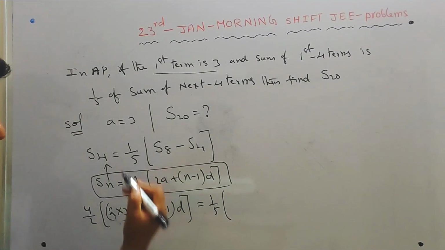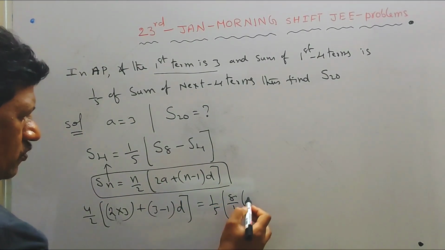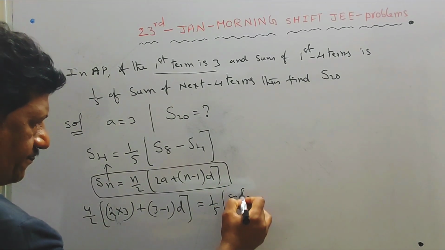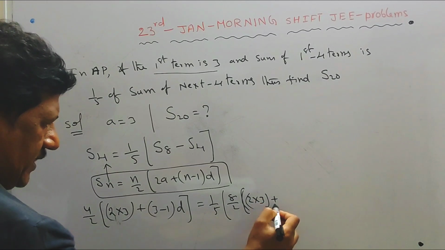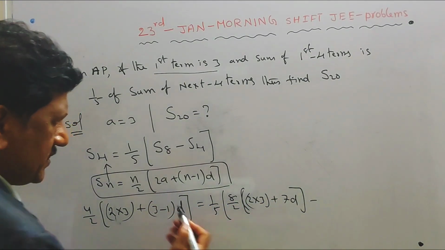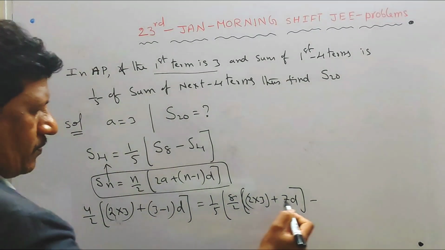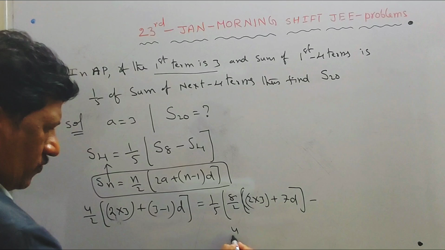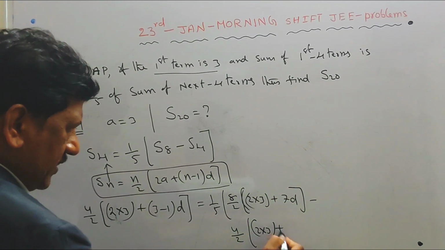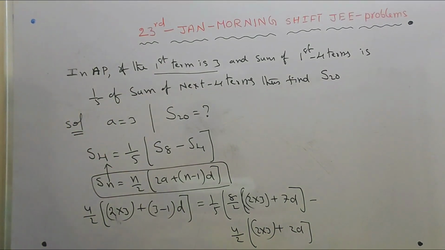So here n value 8 is there, that means 8 by 2 into (2 into 3 plus (n minus 1), that means 7d), minus S4. S4 we have written already here. Write the same step here also. Now 4 by 2 into (2 into 3 plus 3d), like that I have written.